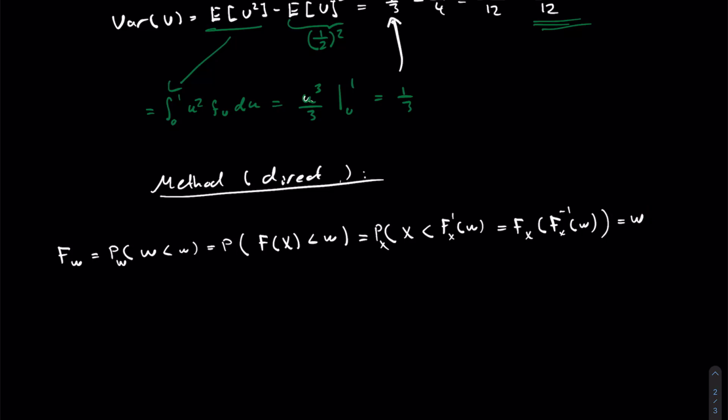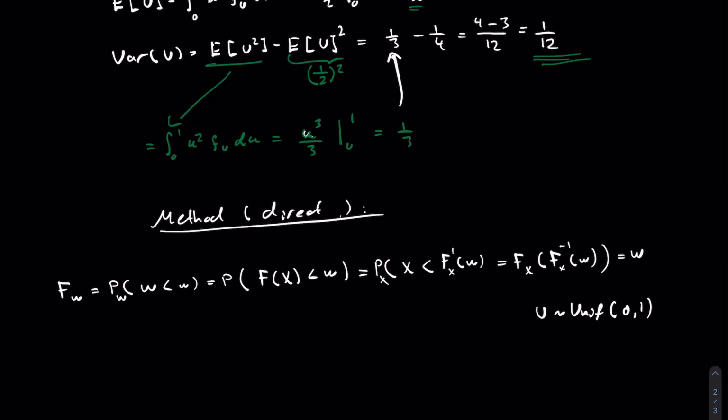So that again must be uniform 0, 1, and we would do the same calculations as we did here, but this is just another way of realizing what we're dealing with, without using the universality of the uniform at all in these calculations.